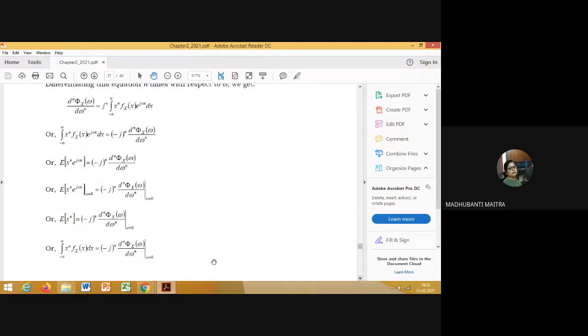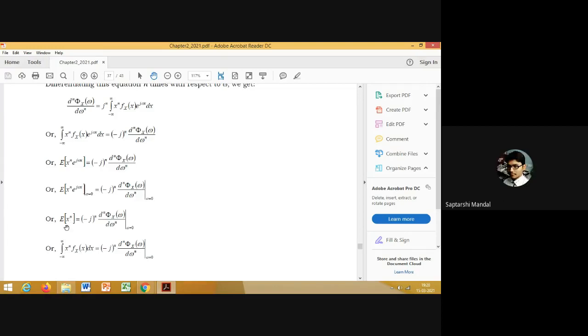So if we now try to evaluate the expected value for omega equal to 0, the left hand side will reduce to the expectation of x to the power n.